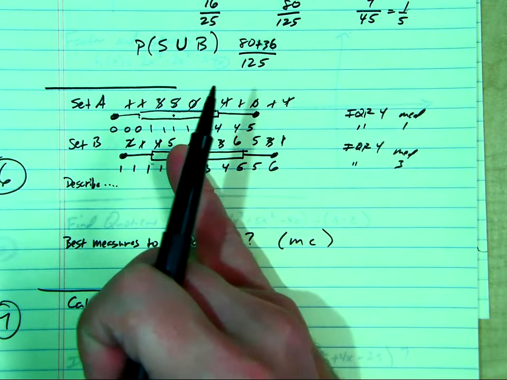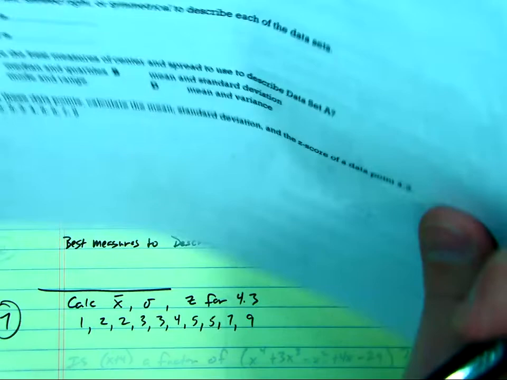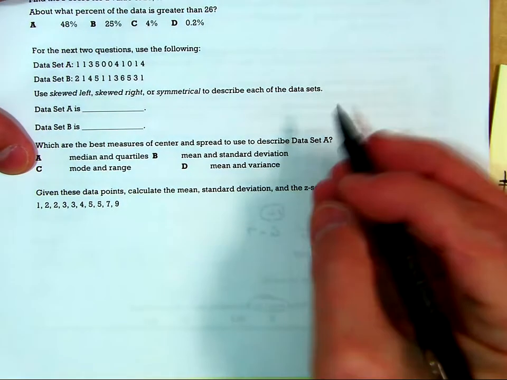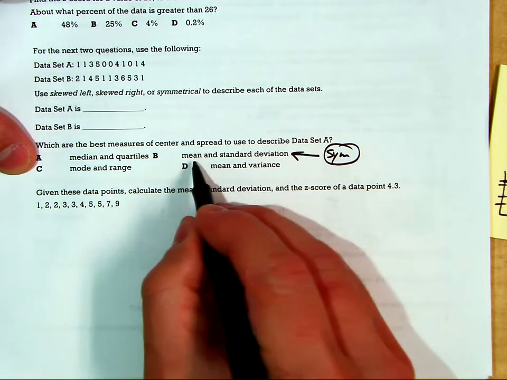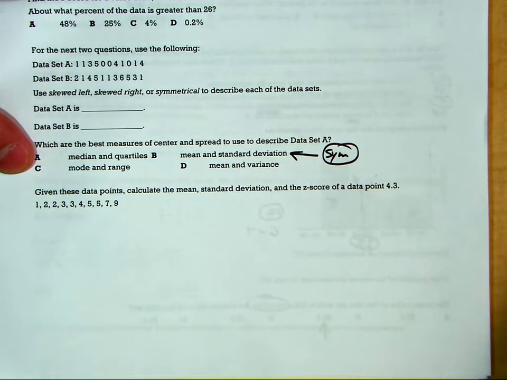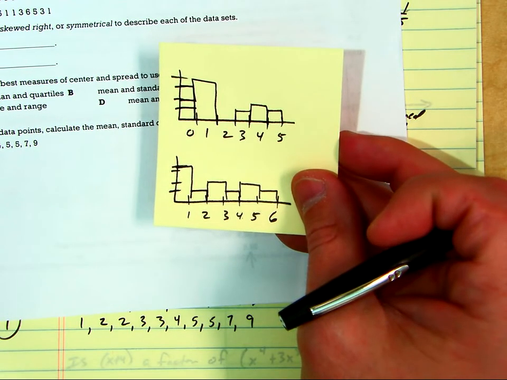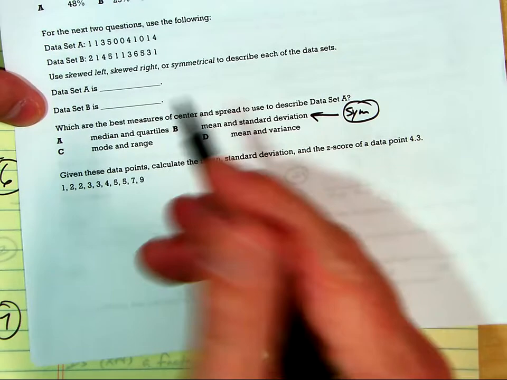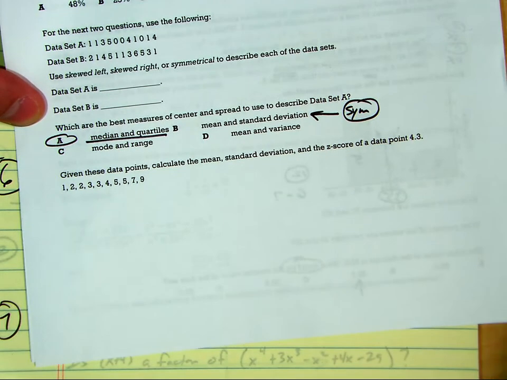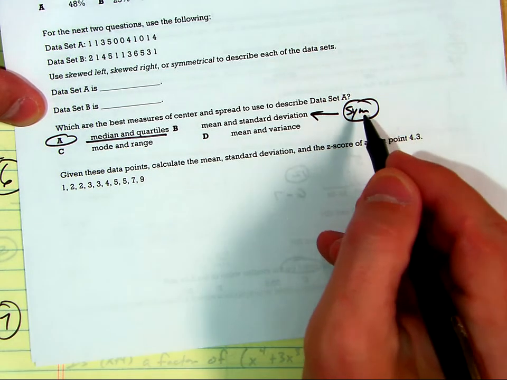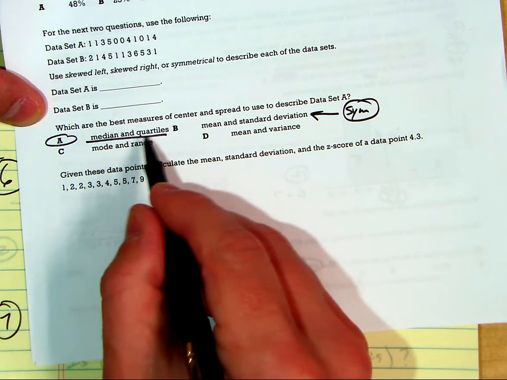If the data is symmetric, the best descriptors are mean and standard deviation. What if the data is not symmetric, like this one suggests? It's going to be median and interquartile range. If it's symmetric, you choose mean and standard deviation. If it's not symmetric, you choose median and IQR in the quartiles.